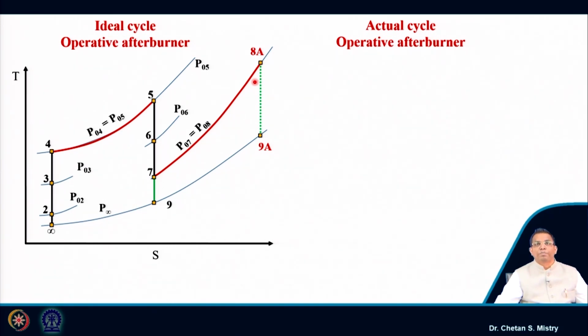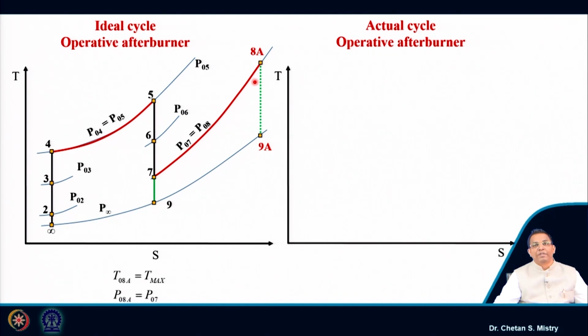Now, suppose we are interested in the actual cycle, because that is our requirement. So, let us try to realize that part in terms of the actual cycle. Here, this represents my T-S diagram. Similarly, we have our atmospheric air entering my intake.